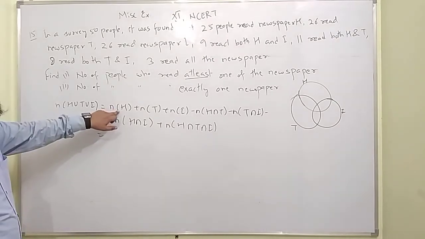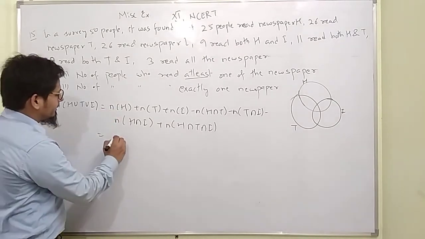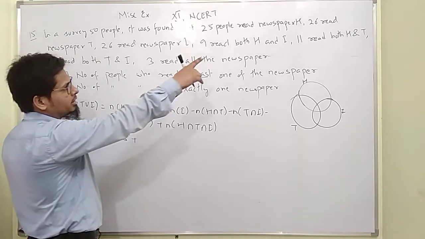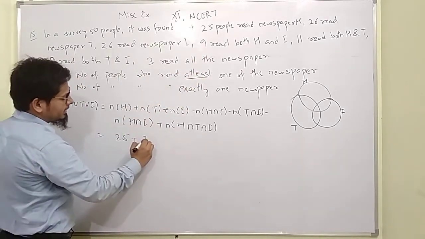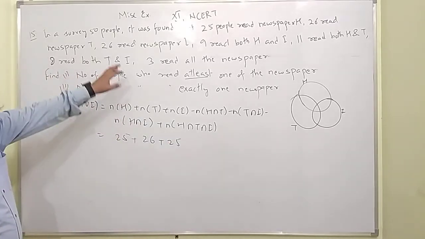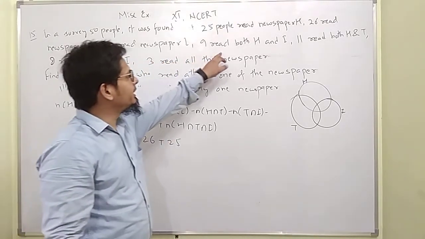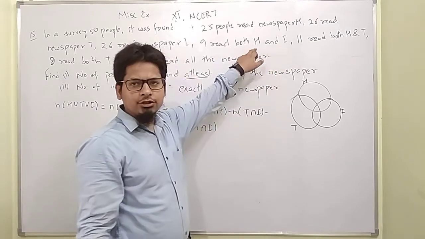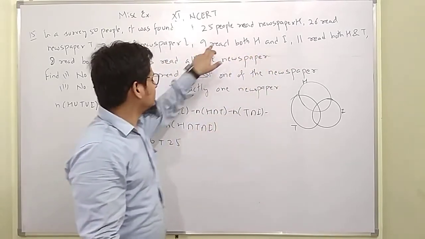N of H, who read paper H, it is 25. T is 26 and I is 26. It is mentioned here 9 read both H and I, so H intersection I is 9.